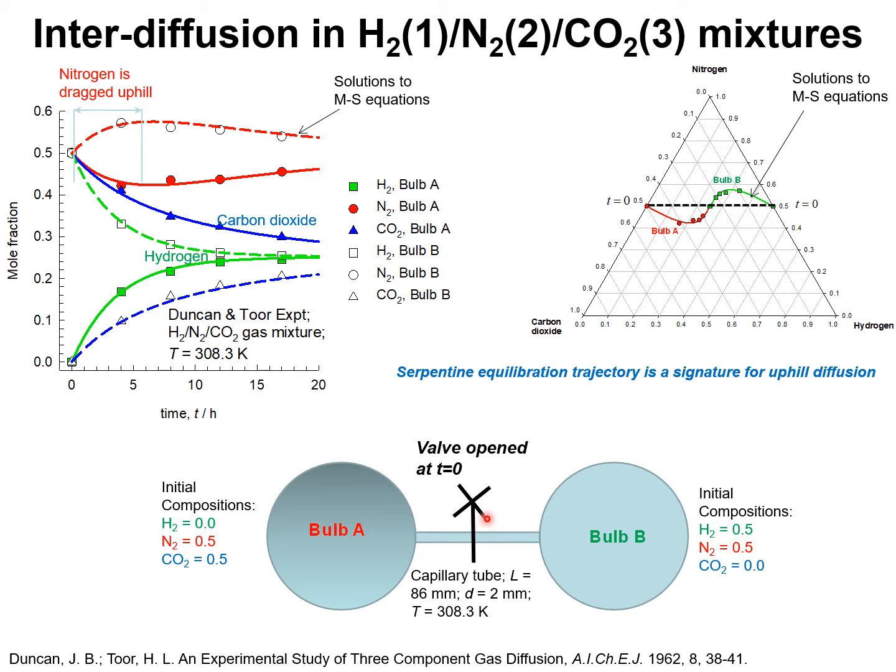At time t equal to 0, the capillary tube connecting the two bulbs is opened and interdiffusion is allowed to take place. The composition trajectories followed in bulb A are indicated by the red circles, and in bulb B by the green squares. It's interesting to note that the equilibration trajectory does not follow a straight line path; rather it has a serpentine character.